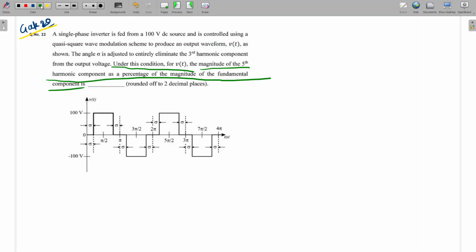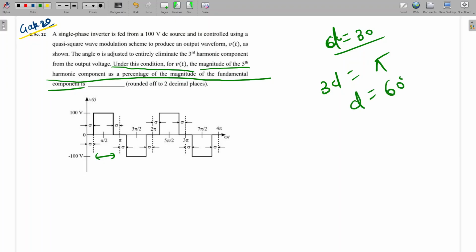What will be the pulse width for third harmonic elimination? 60 degrees, sir. D will be 60 degree, I think. So 3D will be pi, D will be 60 degree. So with this value we calculate V5 divided by V1. That's what they are asking.